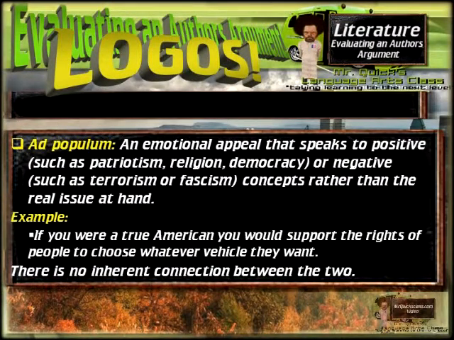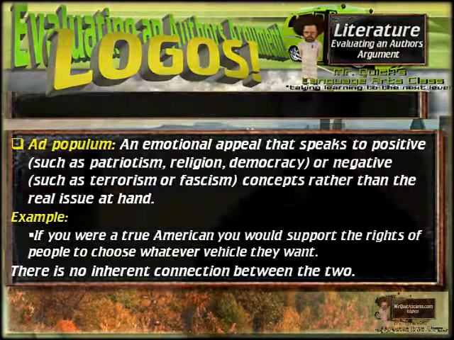Ad populum, an emotional appeal that speaks to positive, such as patriotism and religion, democracy, or negative, such as terrorism or fascism, rather than dealing with the issue. Okay, for example, if you were a true American, you would support the rights of people to choose whatever vehicle they want. I mean, there's no connection between the two.